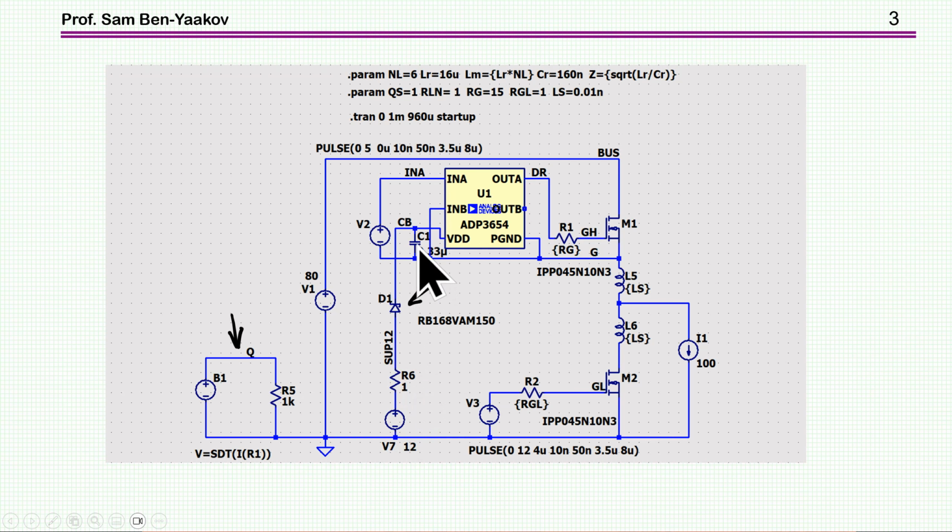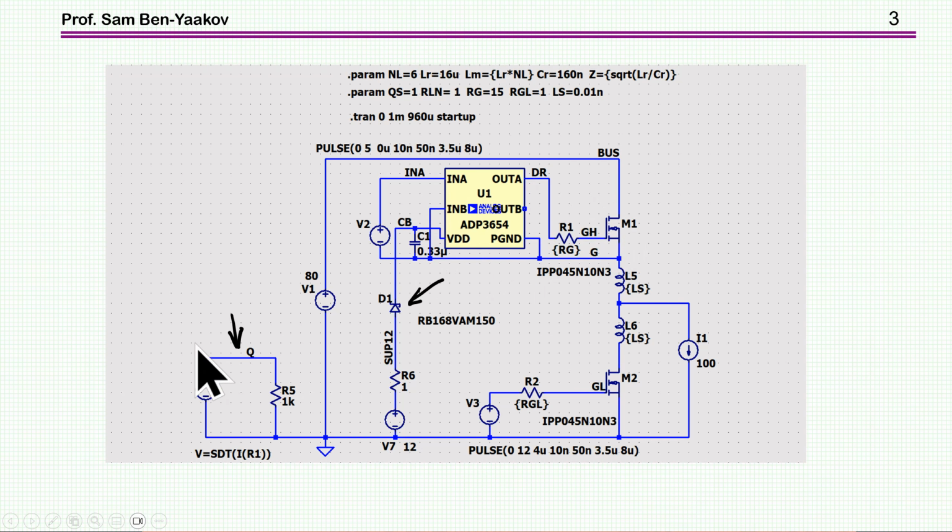This is the Bootstrap capacitor, which is used to maintain power to the unit while this high side transistor is at high potential. So this will be like the local power supply during this period of on time of this transistor.